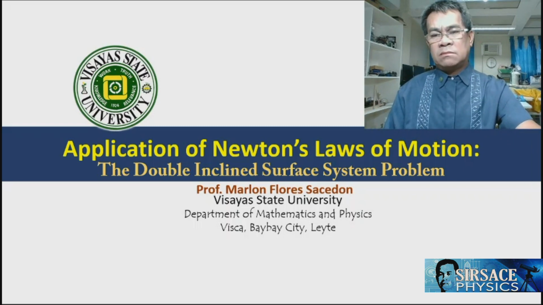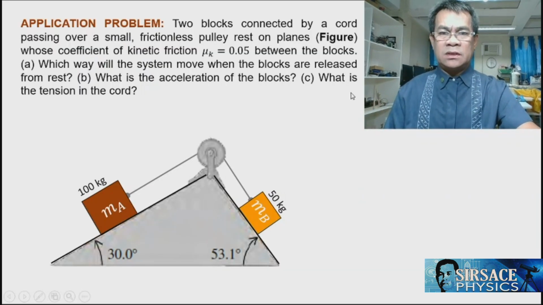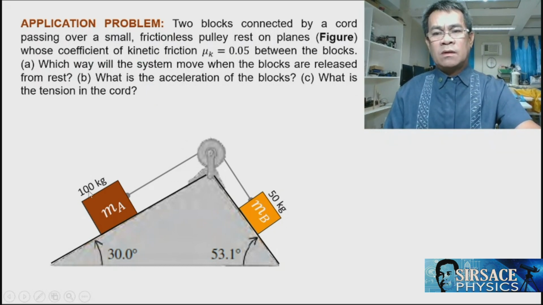Okay, so the problem is a double inclined system. We have mass A, whose mass is 100 kilograms, and mass B, having 50 kilograms, and they are both connected by means of a cord.